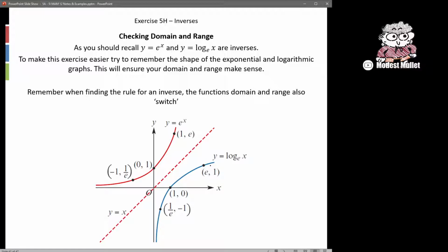So as I mentioned briefly, when checking domain and range, we want to be able to remember and recall the shape of the exponential and log graphs, and just remember that they're inverses, and think about how that affects the domain.